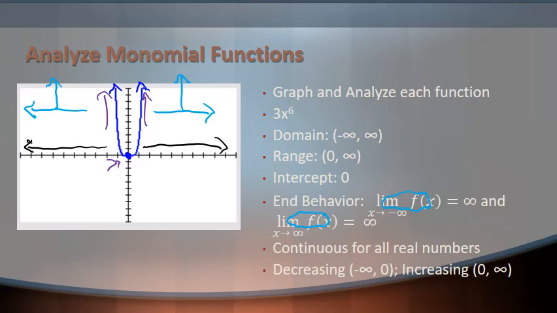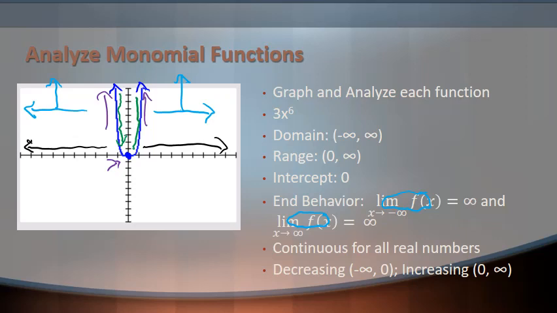So I'm going to start up here, and I see that as x is in -infinity territory, I'm coming down, I'm decreasing until I get to 0. And then when I get to 0, I turn. I'm still reading this graph left to right. I turn at 0, and now we're going up to positive infinity.